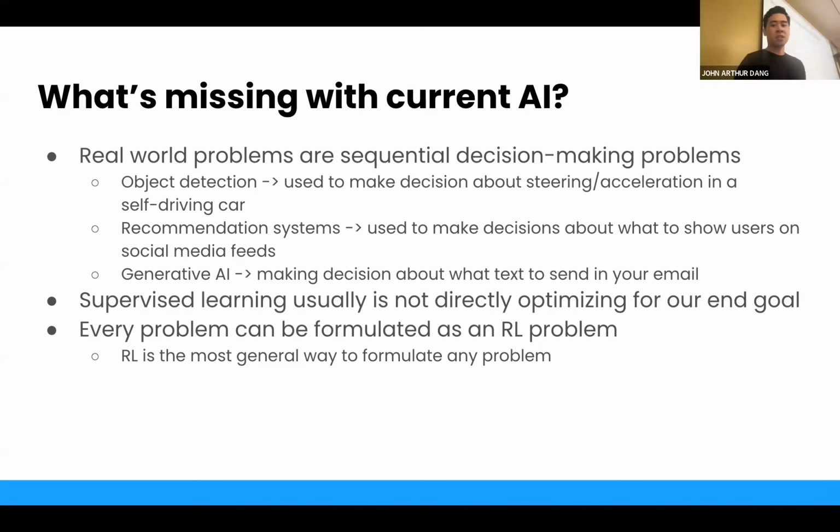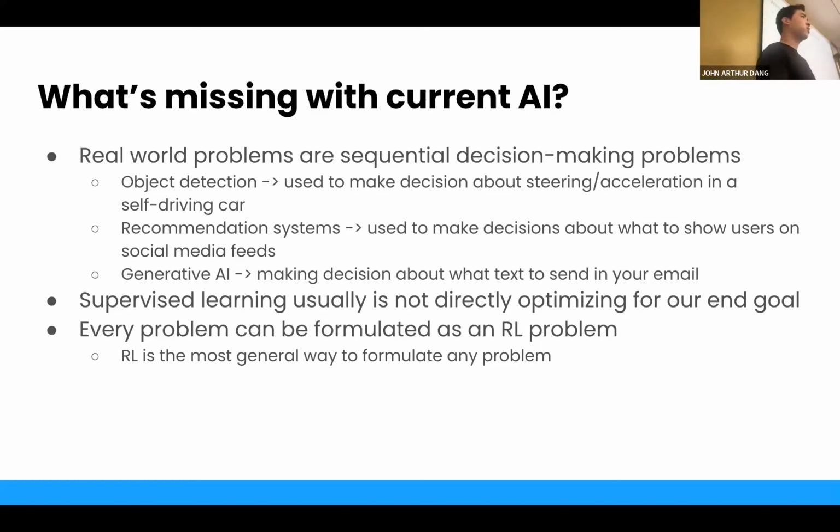For recommendation systems, we can recommend movies or content to people on their social media feeds. But what we really want is to show various sequences of items that keep various metrics we care about really high, like engagement, or keep them on your social media platform, or keep them watching movies, or keep subscribing to Netflix or whatever it is. For generative AI, oftentimes we're generating things that are being sent to people.